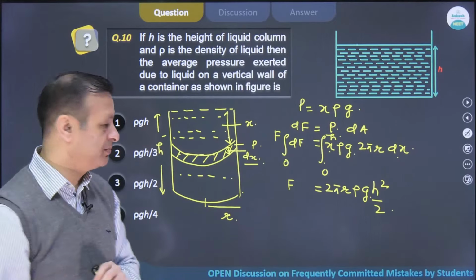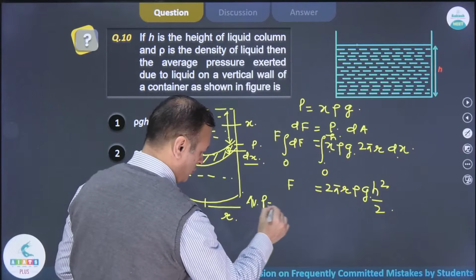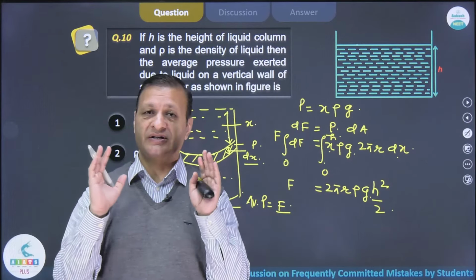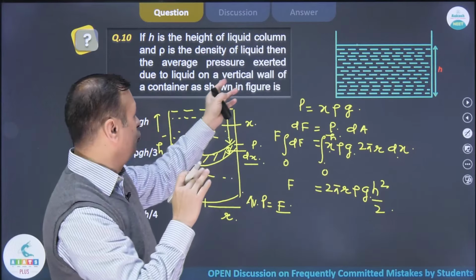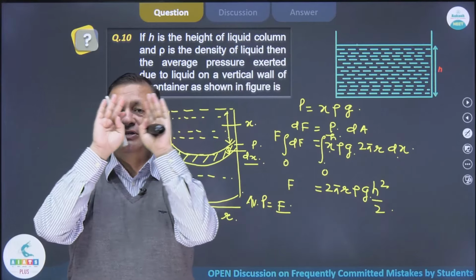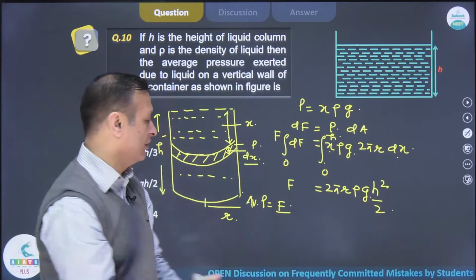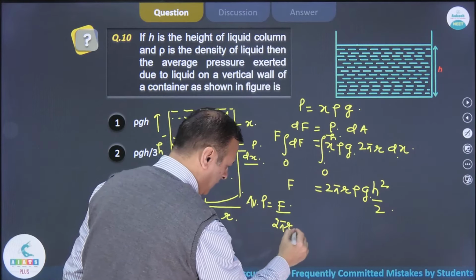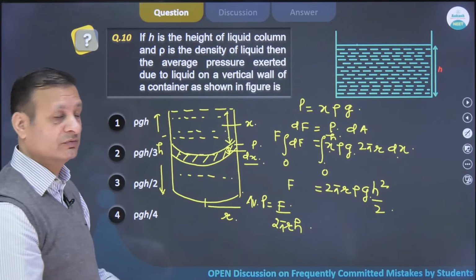So what is the average pressure? Average pressure is total force per unit area, and we have to consider only the curved surface area, because we are considering only the walls. For this cylindrical cross section, the wall is the curved surface area. So that is 2 pi r times h, where h is the height of the liquid.